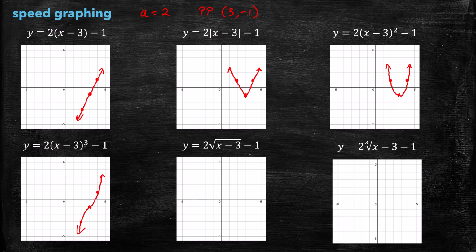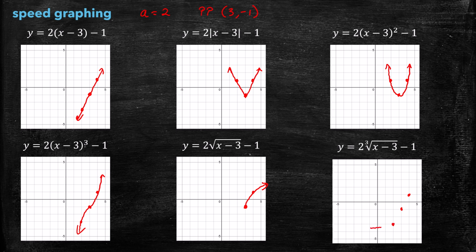Square root function. So over 3, down 1, here's the pivotal point. Move over to the right 1, up 2. I've kind of run out of space there, but I know it's going to go something like that. And finally, the cube root function. Pivotal point 3, -1. Go right 1, up 2. As for the linear and cubic, because these are all odd functions, left 1, down 2.